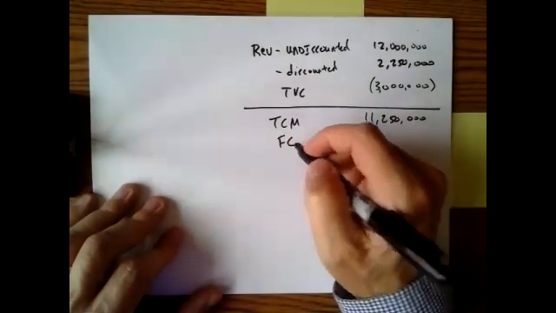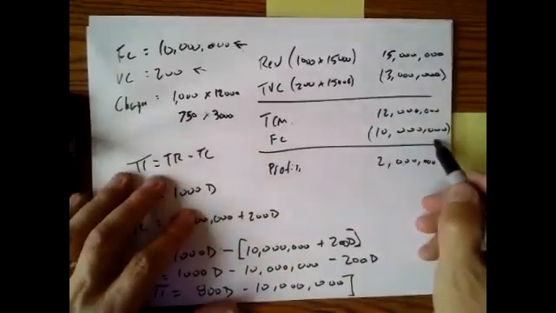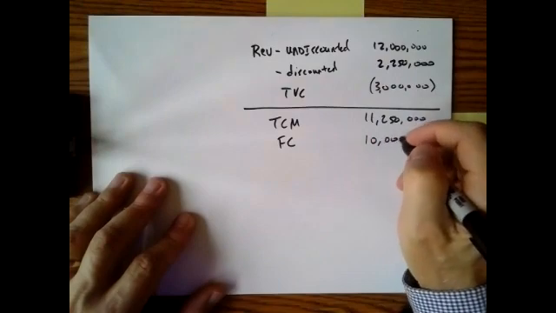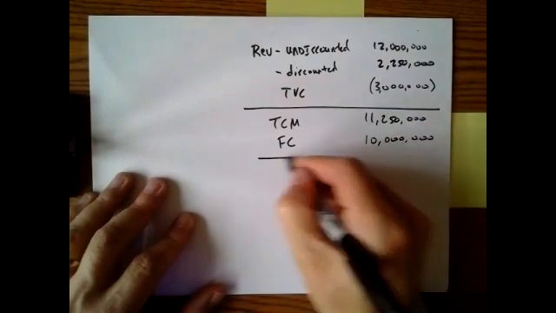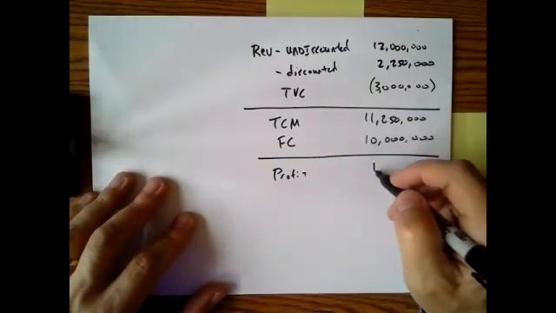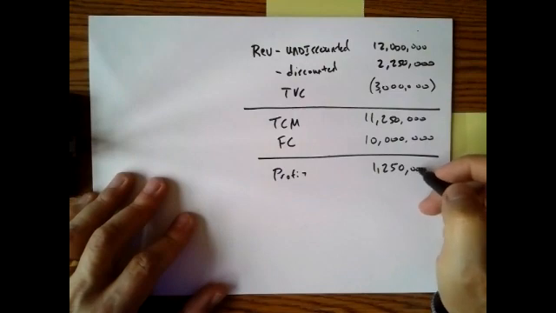Our fixed costs don't change, right? So we still have our original 10 million in fixed costs. And so profit now goes down to 1.25 million.